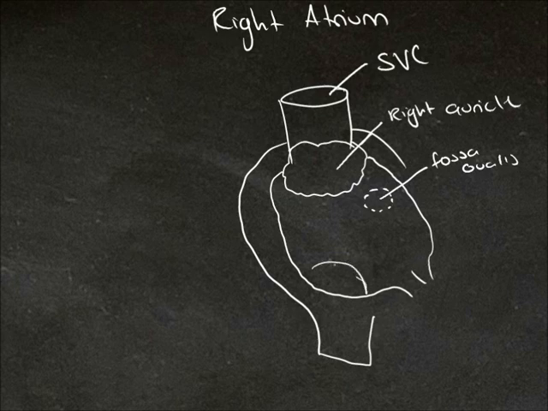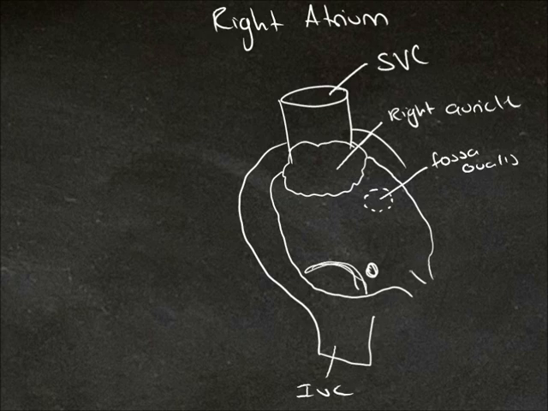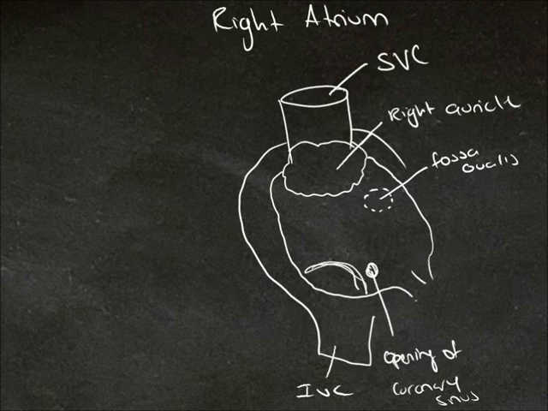Just down here we have the opening of the inferior vena cava. Right next to this we have the opening of the coronary sinus. And here we have our valve.